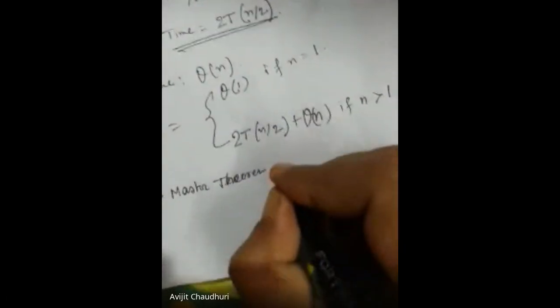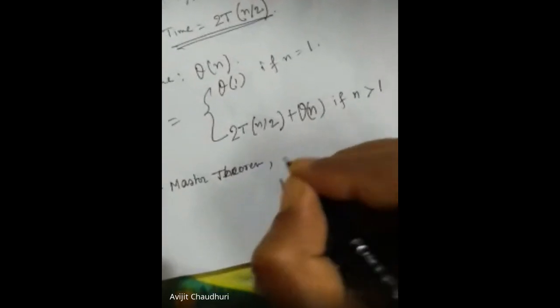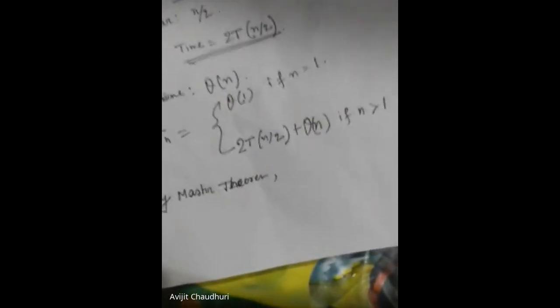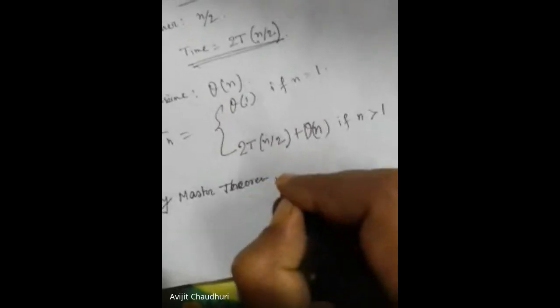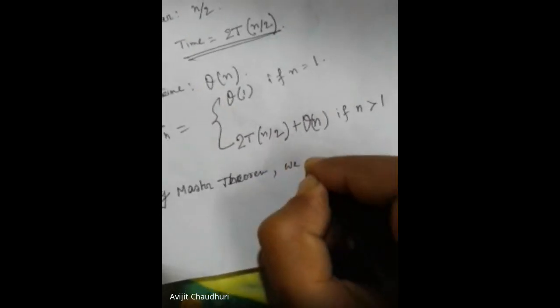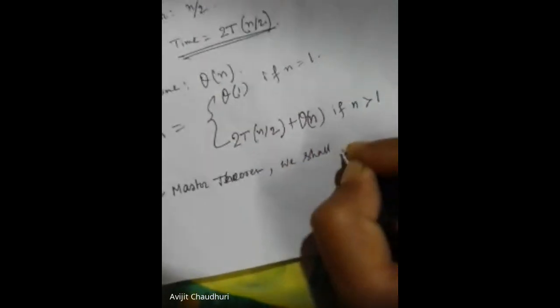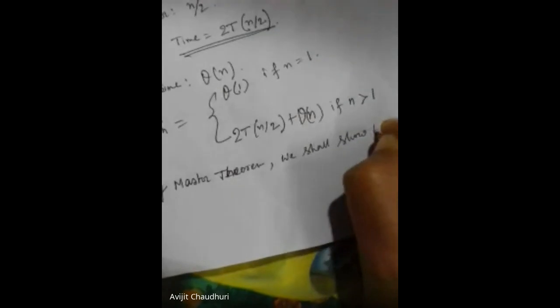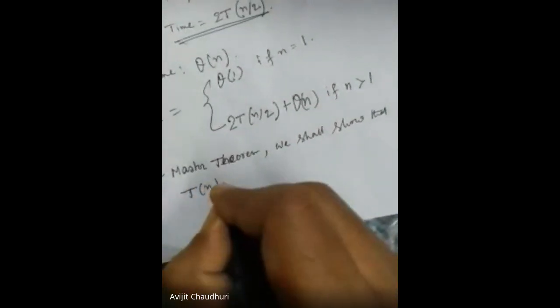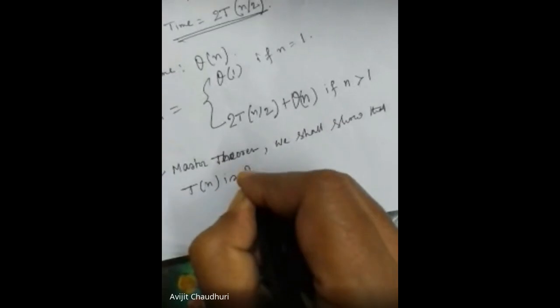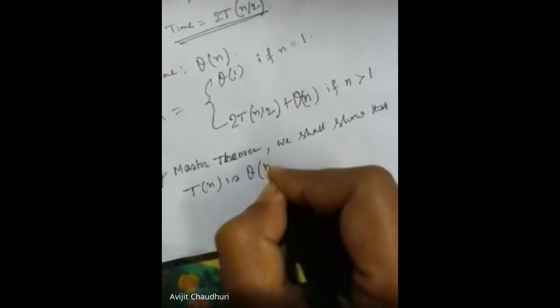You will just write it down by the master theorem, because the master theorem itself is one huge topic. We will need some more classes to discuss that, but here we are using it. We shall show that T of n is theta of n log n.